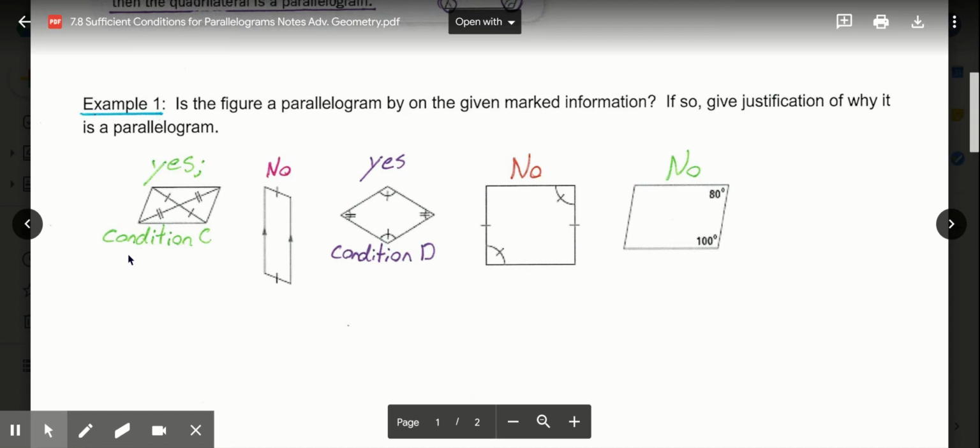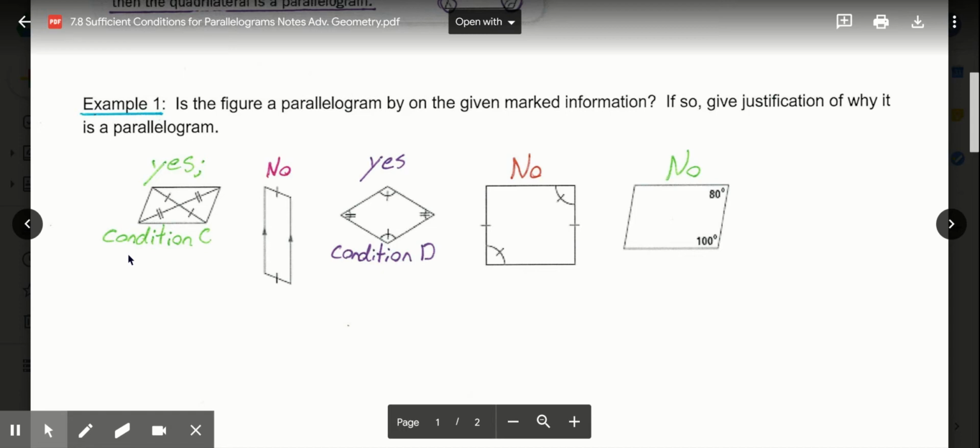In our first image, we see the bisectors are two congruent pieces each. So in that case, yes, it's a parallelogram, from condition C, the diagonals bisect each other.